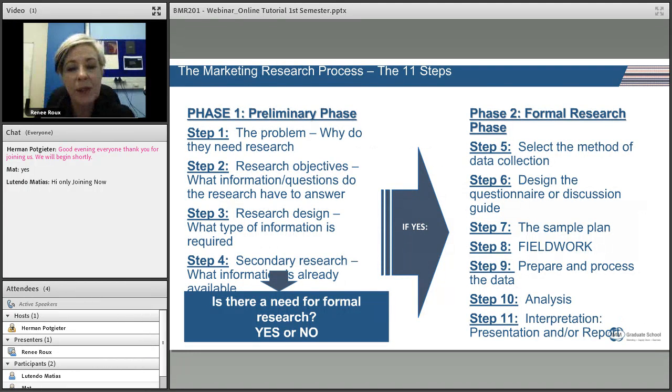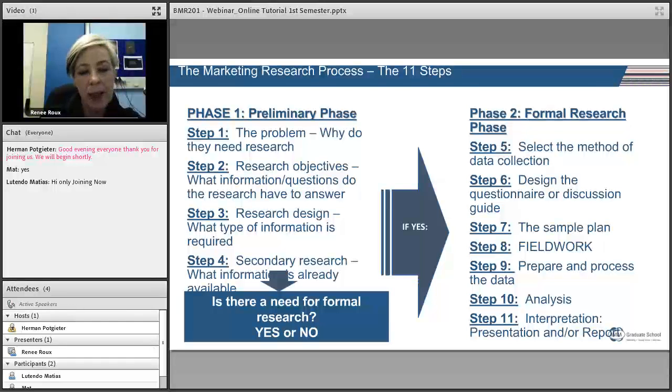The research process consists of 11 steps. Phase one is step 1 to 4. Step 1 is really, remember I said research always starts with a problem or opportunity. So really understanding what is this problem, what is the opportunity, why do you need research.